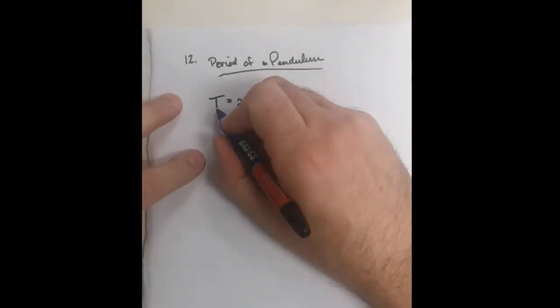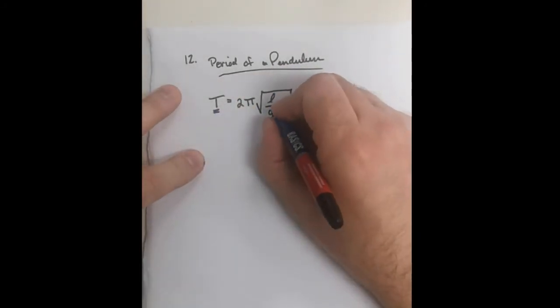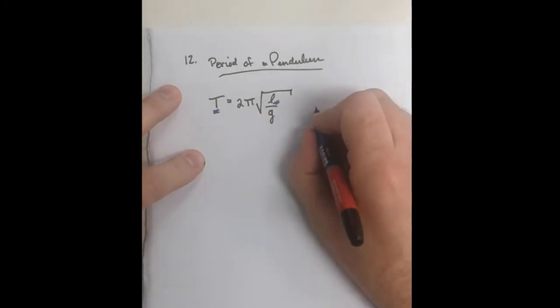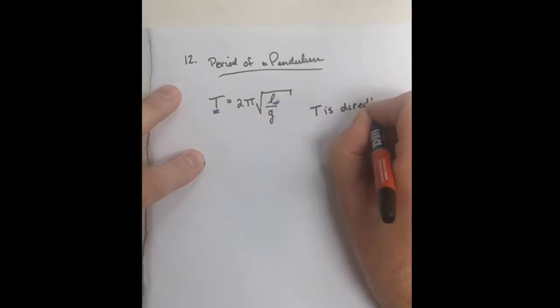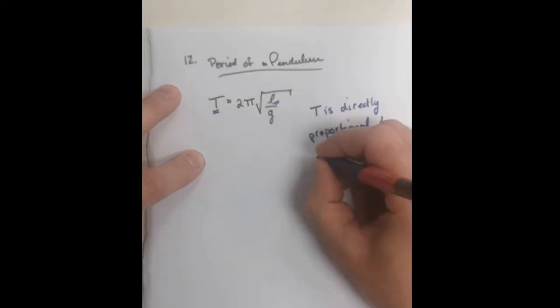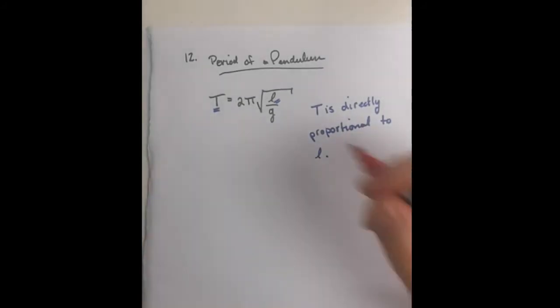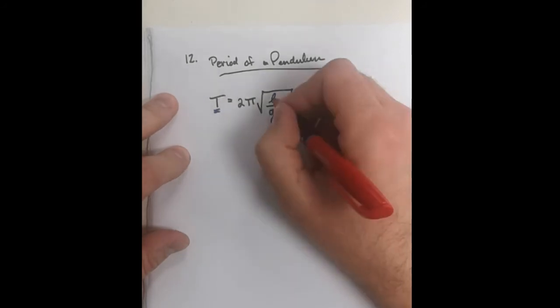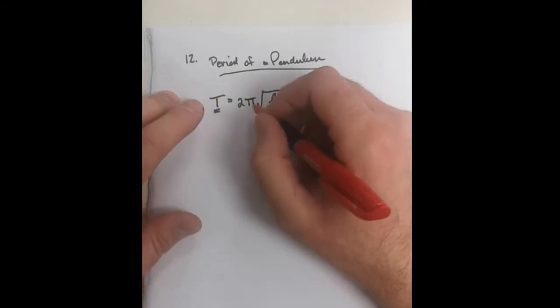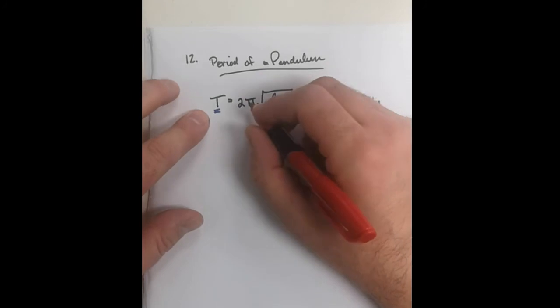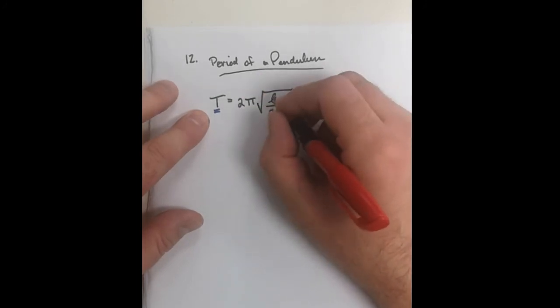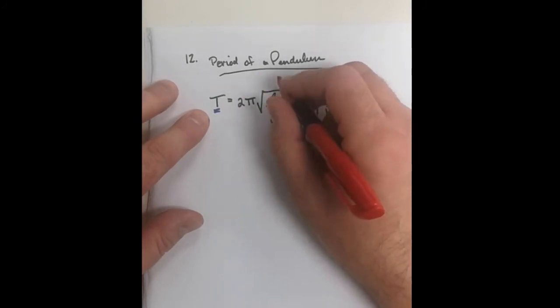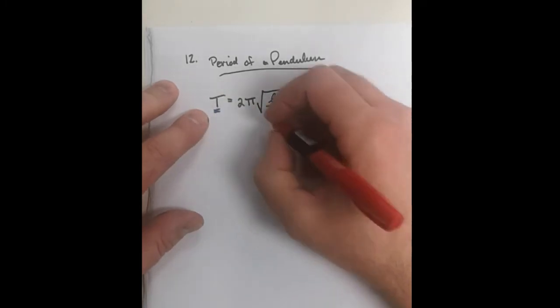So one thing that we might notice is that the period and the length are directly proportional. This means that when the length increases, the period increases. When the length decreases, the period decreases, because the period is equal to a whole series of values, including length. When the length goes up, because it's in the numerator, the period will also go up.